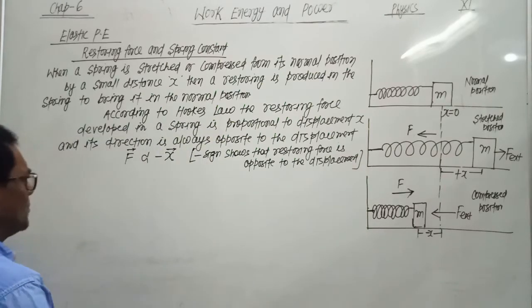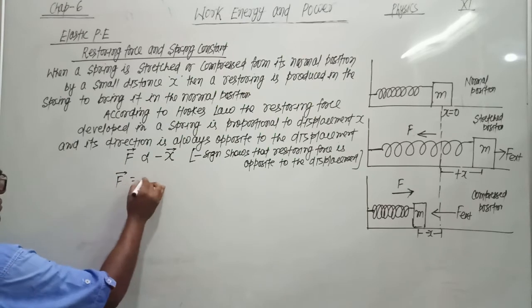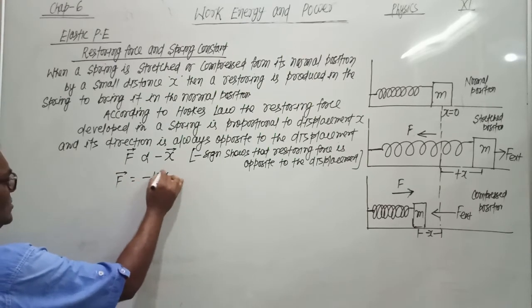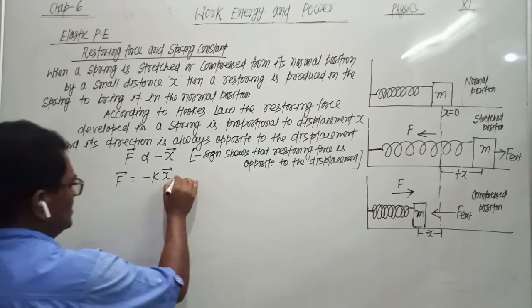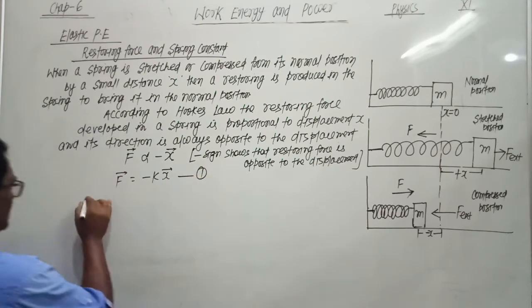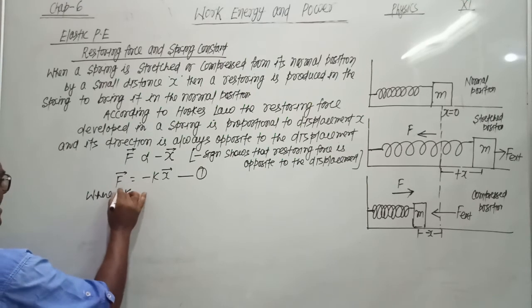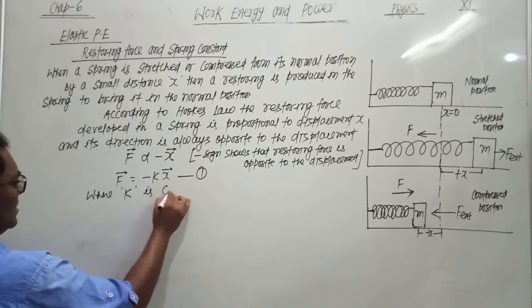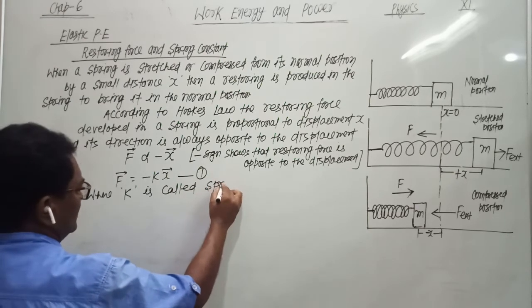So F is proportional to minus X, and F equals minus K into X, where K is a constant called the spring constant.